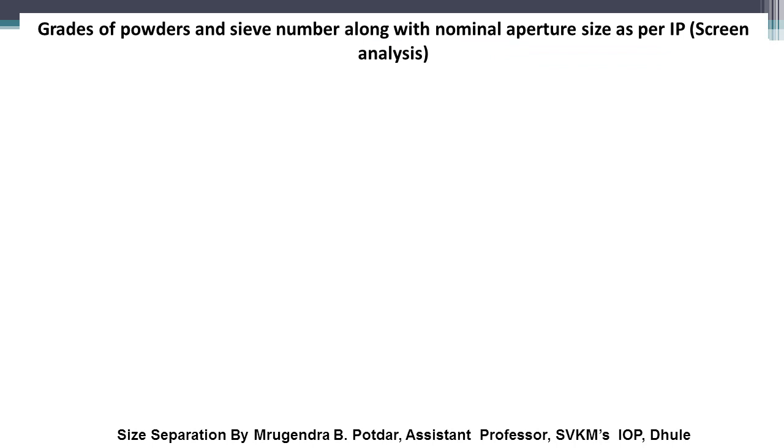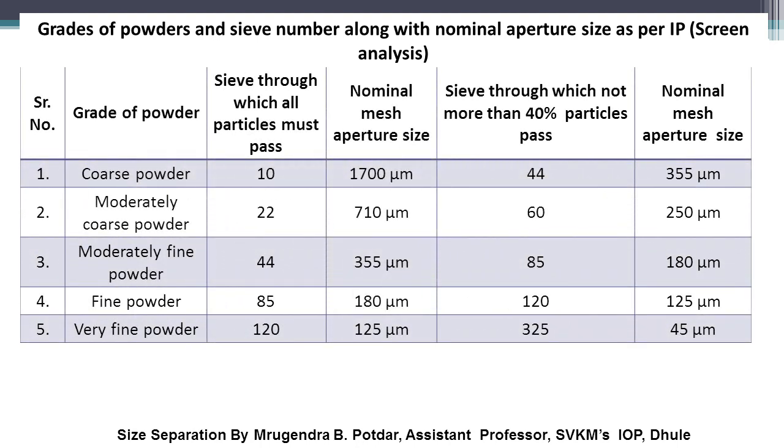Now the grades of powders and sieve numbers along with nominal mesh aperture size as per IP are mentioned in that table. See, grades of powders: coarse powder, moderately coarse powder, moderately fine powder, fine powder and very fine powder. Here the sieve through which all particles will pass is mentioned.